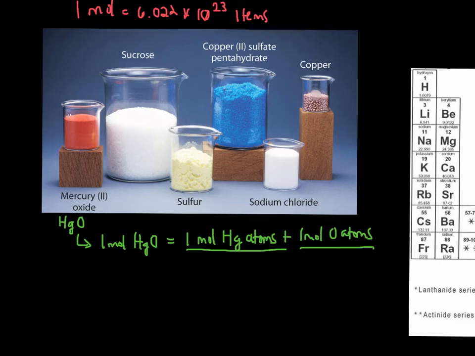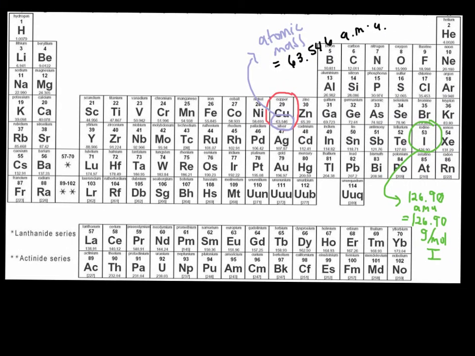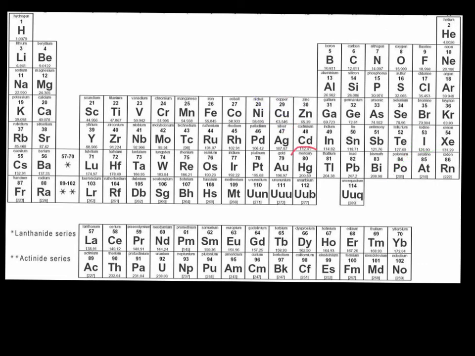Where would I obtain the information of the mass of a mole of mercury and the mass of a mole of oxygen? Why, I would get that from our periodic table. All right, so mercury is here and oxygen is here. And you can see that mercury has a molar mass of 200.59 grams per mole of mercury, and oxygen has a molar mass of 15.999 grams per mole of oxygen atoms.